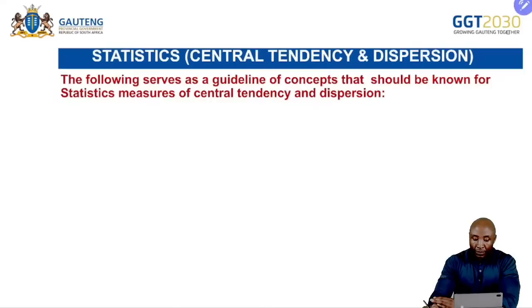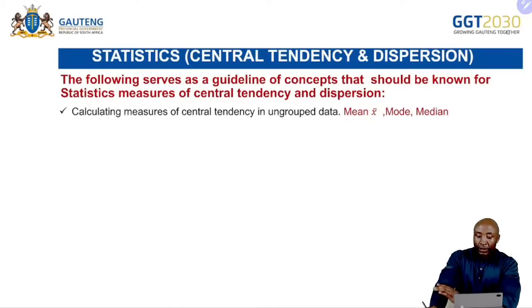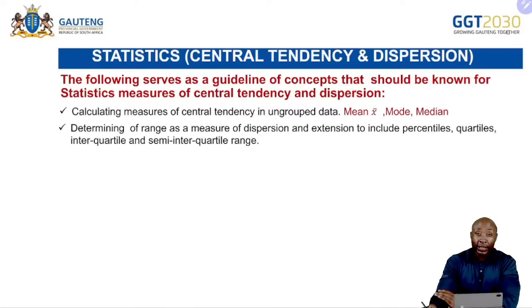Now, the first topic that we look at is statistics. And statistics is normally calculator work. We should be able to calculate our measures of central tendency, our mean, mode, median, and we should also be able to determine the range.